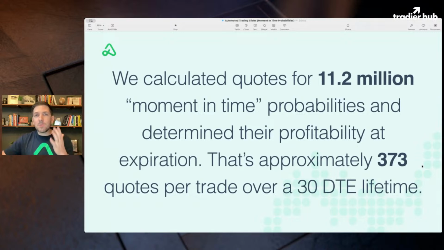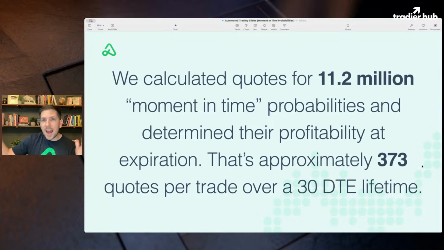So if we had a trade that was 30 days from expiration, we would assess the probability of that thing winning 373 times as it got closer to its final expiration. So we weren't just looking at the ends, if you will, like a trade 30 days out, and does it go all the way to expiration?